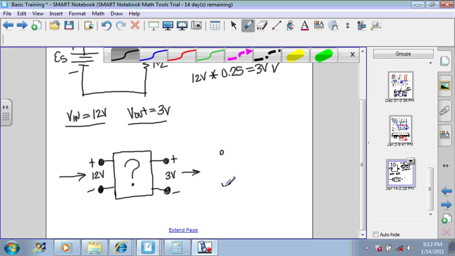If we redraw the circuit like this, where we are going to give it an energy source of 12 volts, and on one of those resistors we will take out the 3 volts that we want, then this forms the beginning of a design solution.